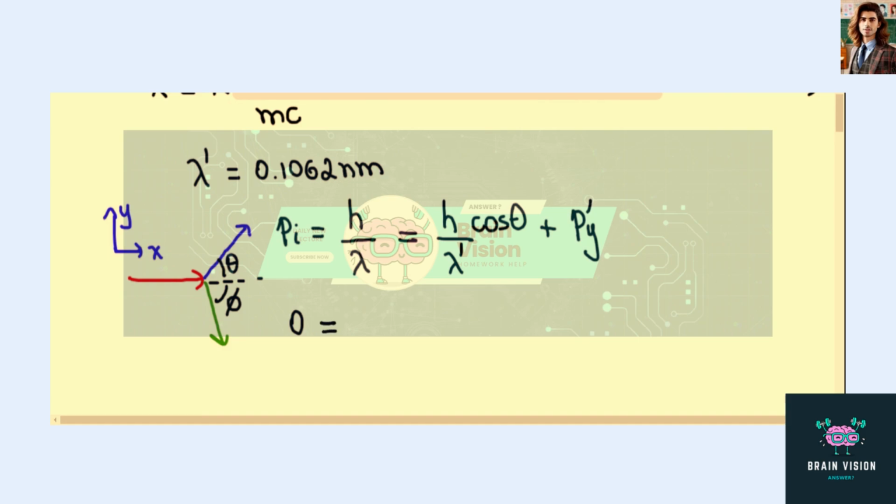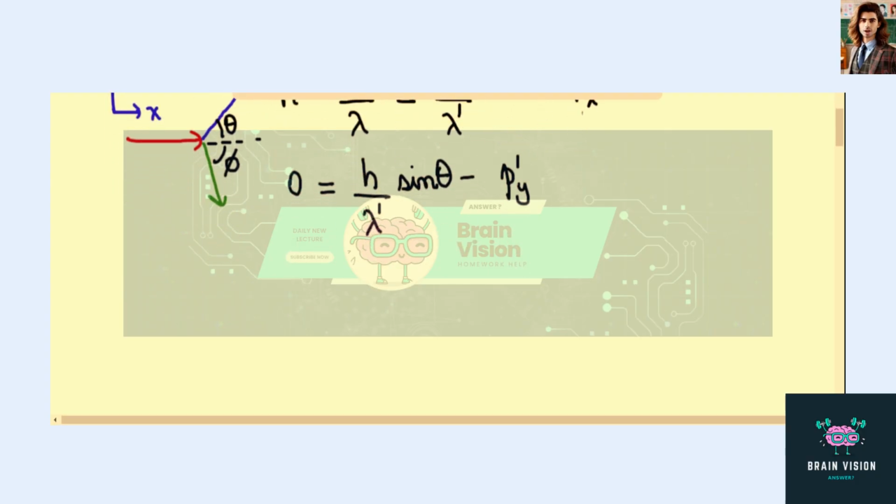Now, in the y direction, we have that 0 is equal to the final momentum of the photon in the y direction, that's h divided by lambda prime times sine of theta, minus p y prime. And up here I wrote py prime. It should have been px prime. Sorry for that.